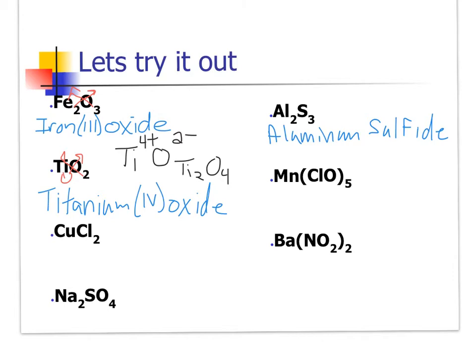The next example, we'll get back to one that maybe makes a little bit more sense, is Mn(ClO) with the 5 outside. Well, here we go. If you're not sure that Mn is manganese, well, you have to look it up and then find it there. I usually have to look it up just to make sure I'm spelling it correctly.